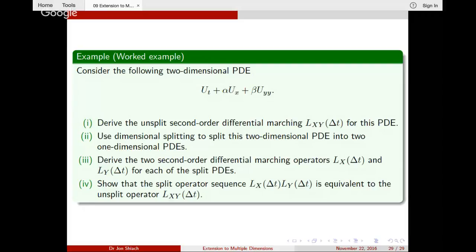Okay, so that's our operator in the x direction. We've also got to find one in the y direction.